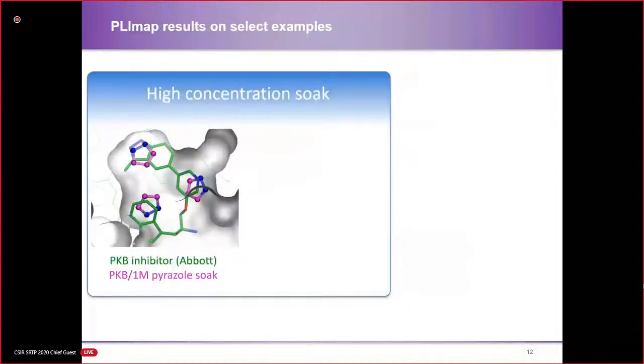We compared it against the experimental findings. One of the examples is the PKB protein, where the Abbott molecule binds nicely, and at AstraZeneca we performed an experimental high concentration search, and we found that the pyrazole molecule nicely maps this drug-like molecule.